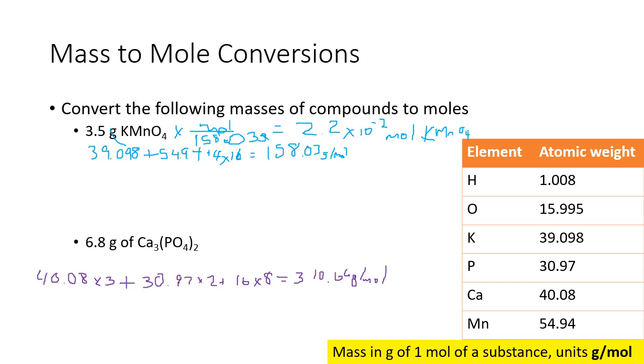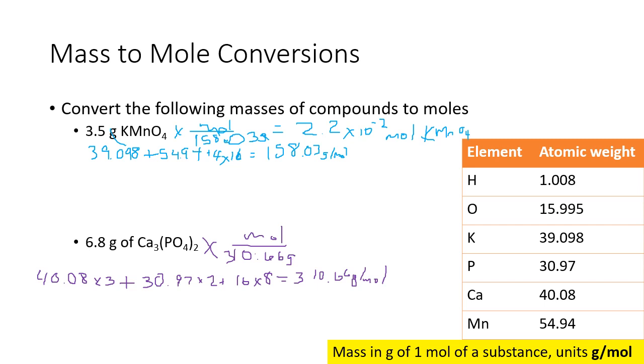All right, now when we apply that, again, we want the grams in the bottom. And that mole flips up to the top. So I'm just going to erase it from down there.